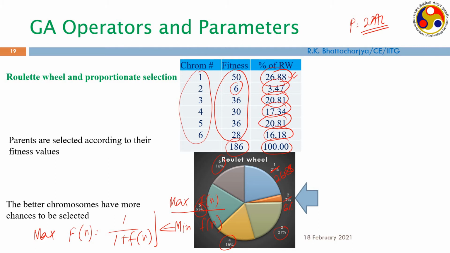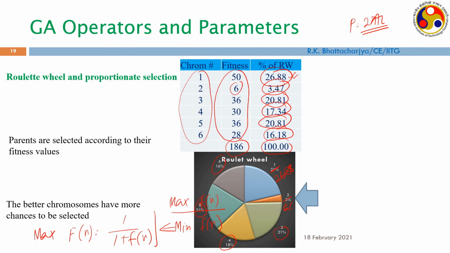But solution 2 occupies only 3.47%, so the probability of selecting that solution is very low. So I will play the roulette wheel 6 times and get 6 solutions. In that case, the probability of selecting the worst solution is almost 0.